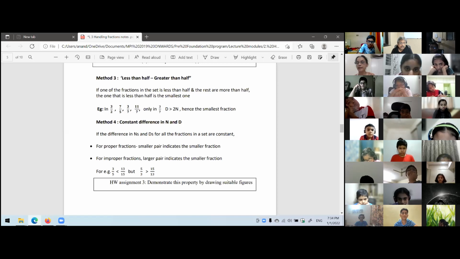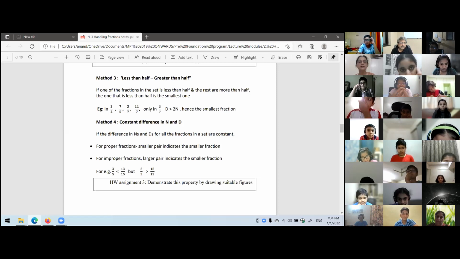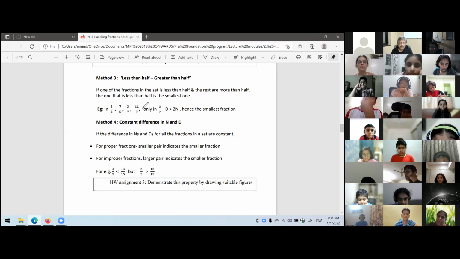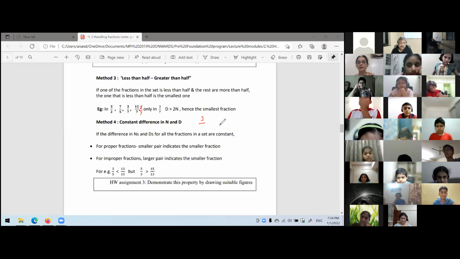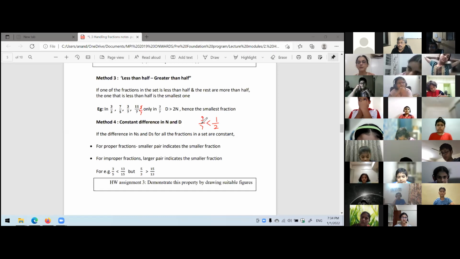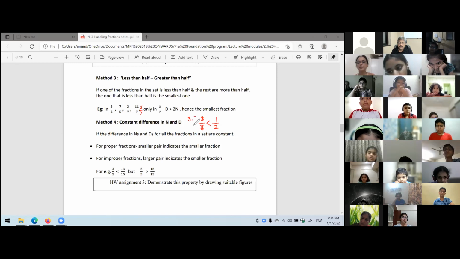Obviously, 3 upon 7 is the smaller one because it is smaller than 1. Another way, suppose instead of 11 upon 7, it was 5 by 7. Then what we can see is 3 upon 7 is less than half. Why is 3 upon 7 less than half? What will be half? 3 upon 6 will be half, no? Or 3.5 upon 7 will be half.